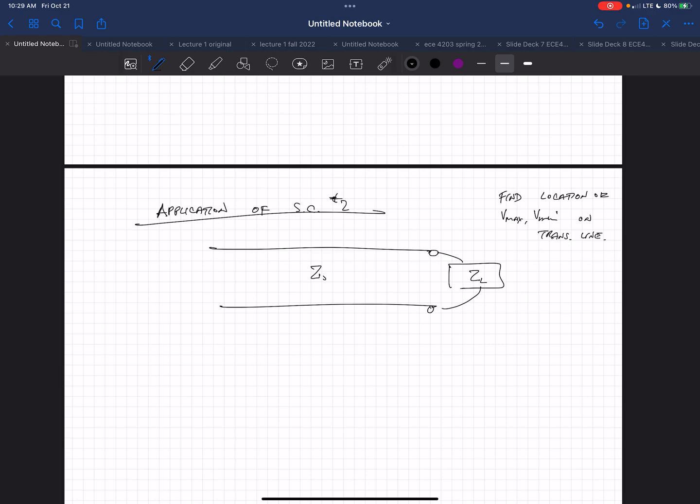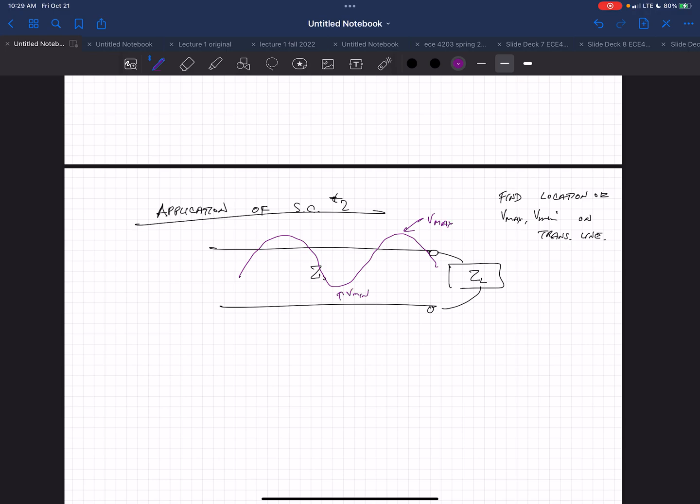So in this case, you would end up with a standing wave. If I was going to write the voltage here, it would be like that, and it would have maxima and minima.